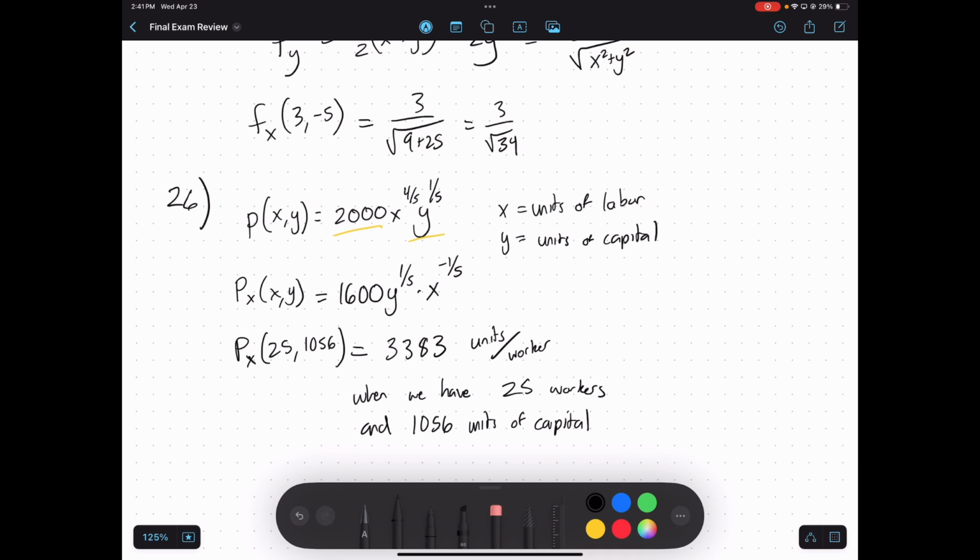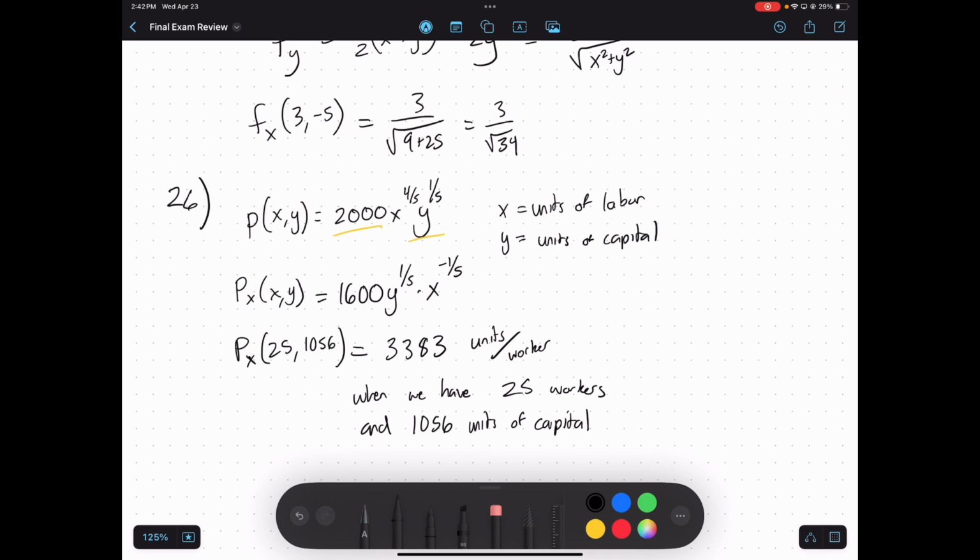How are we changing the units of capital? How did we change y? When we took this partial in terms of x, what are we assuming about y? Y was constant.